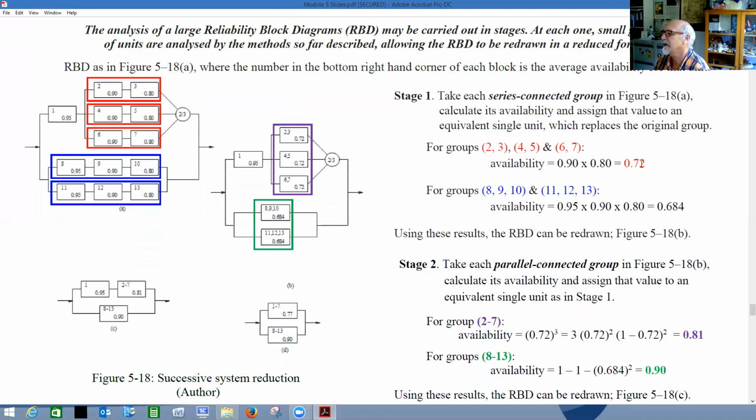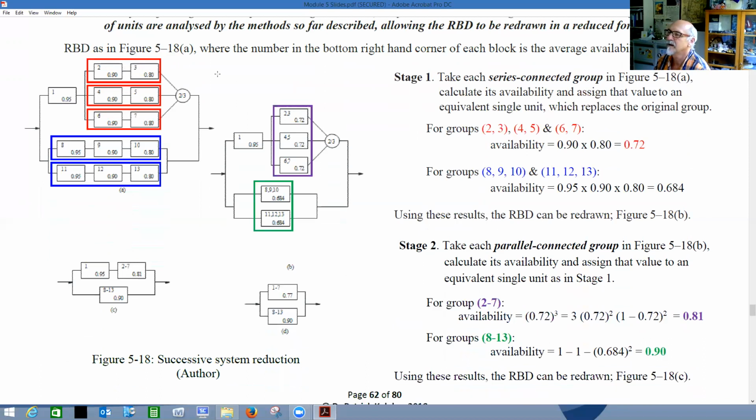If we do that, we multiply those together. So over here you'll see that we've got units 2 and 3 combined, and its reliability is now equal to 0.72. Units 4 and 5 come to 0.72 as well. Units 6 and 7 we can reduce down to a single block of 0.72.